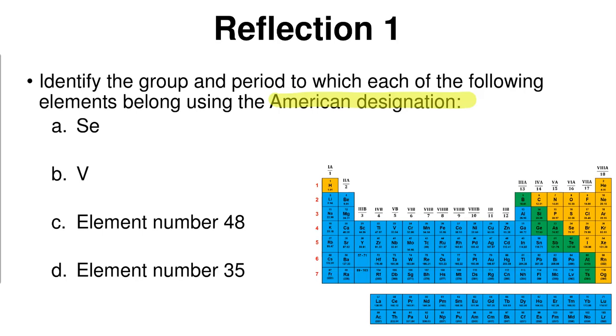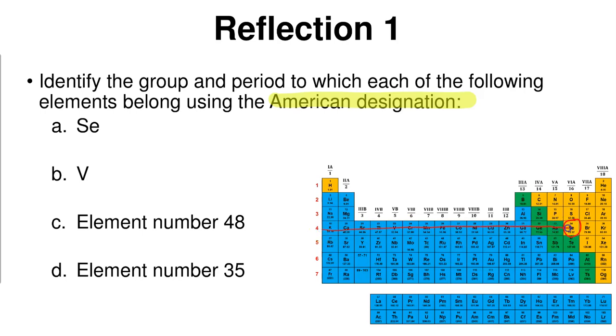Selenium, Se. If you have a periodic table, you go to selenium. See it here. Selenium is number 34. Number 34 is located in group 6A and then period 4. So you can always draw your line if you want to do that.